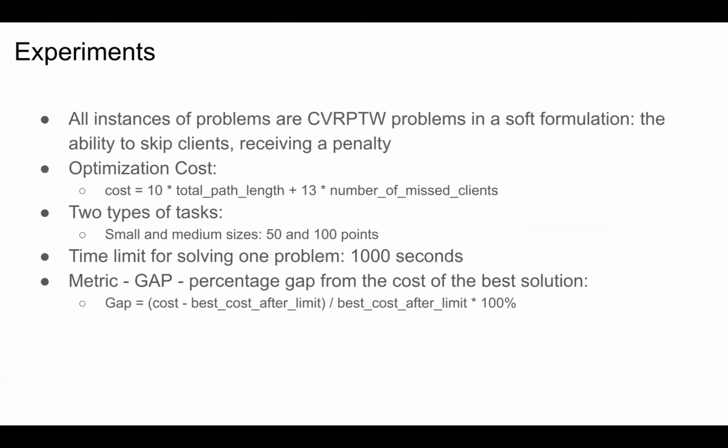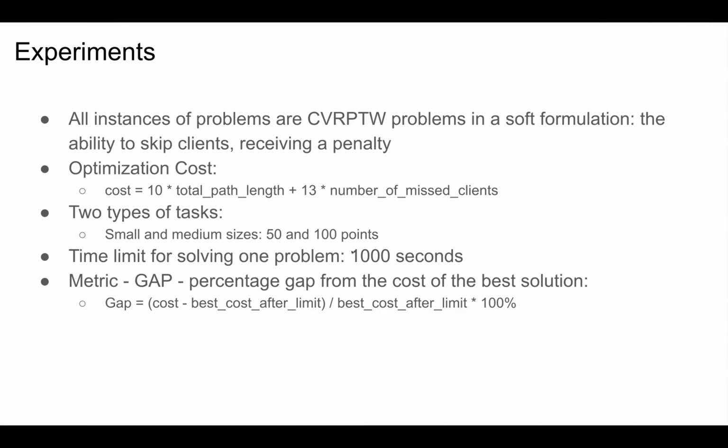We tried to carry out two types of experiments: on a small one, 50 points, and a medium one, 100 points. All instances are CVRPTW instances of the problem with a soft formulation. It means that we let the algorithm skip clients, but penalize the result with the number of missed clients.